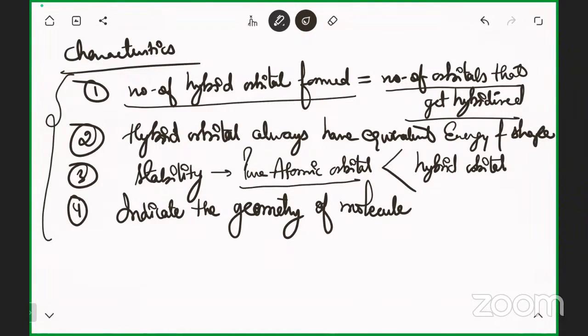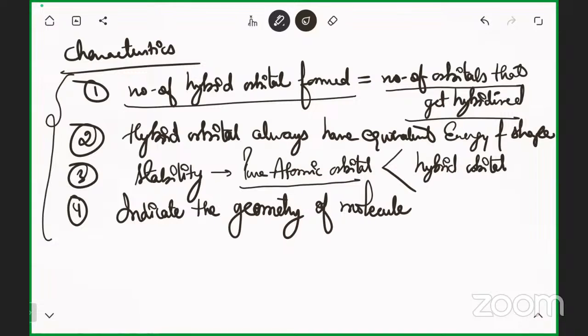But before that, the pure atomic orbitals were not forming that stable a bond. So the hybrid orbitals form stable bonds. Next, the fourth point is that it indicates the geometry of the molecule. As I start this hybridization topic, you will see the structures and the geometry of the molecules according to the VBT and the VSEPR theory.